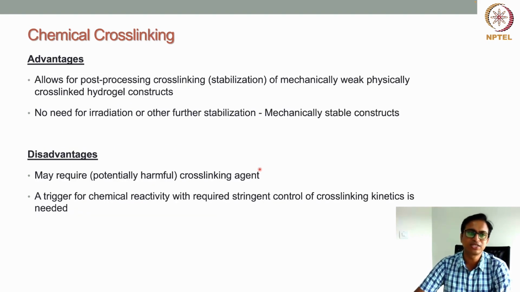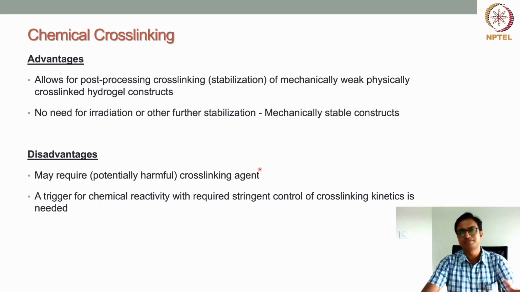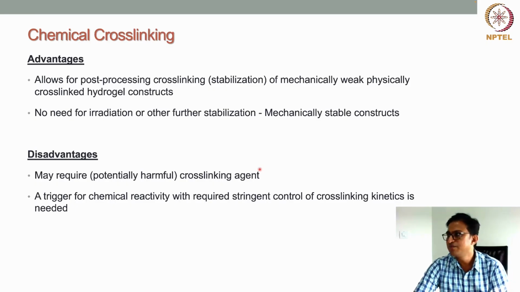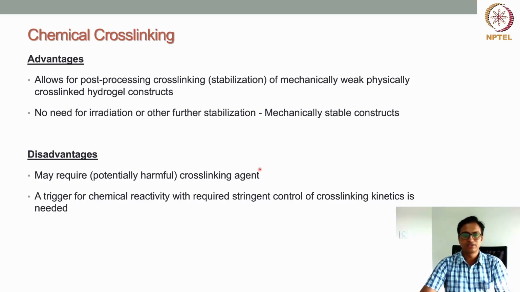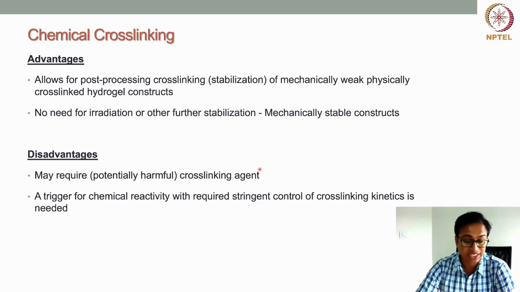Similarly, for chemical cross-linking there are certain advantages and disadvantages. The most advantageous point of chemical cross-linking is that it allows post-processing cross-linking of mechanically weak, physically cross-linked hydrogel. As we have seen, in physical cross-linking we can get the gel very fast, but the structures are mechanically weak and the stability is not that great.